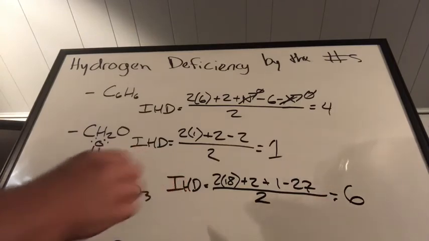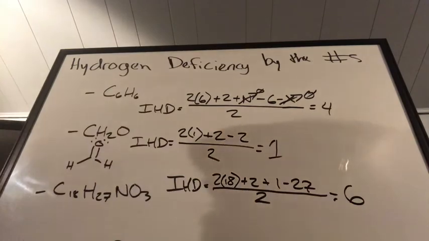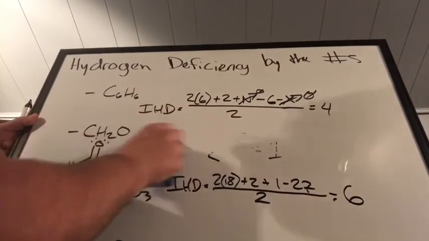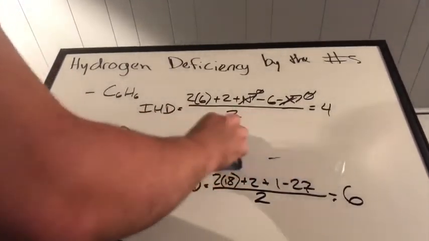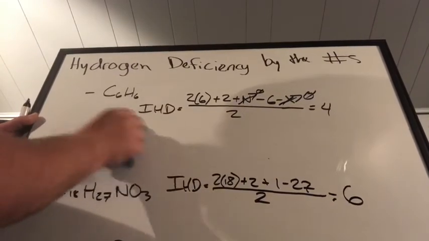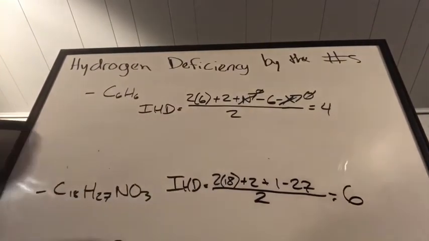Hopefully you'll be able to see it. I think I can just erase this. I think you guys are probably confident with that answer. At least I hope you are. Okay, so capsaicin.